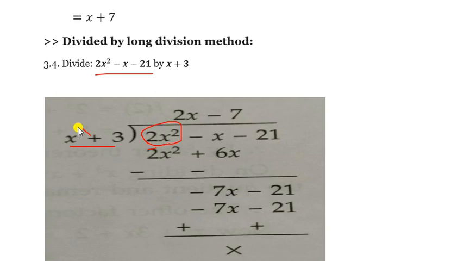With this first term we have to make 2x square. How can we make it? If we take 2x, because already here x is given, then x into 2x will come 2x square.